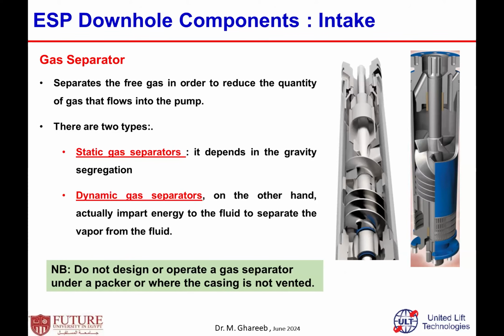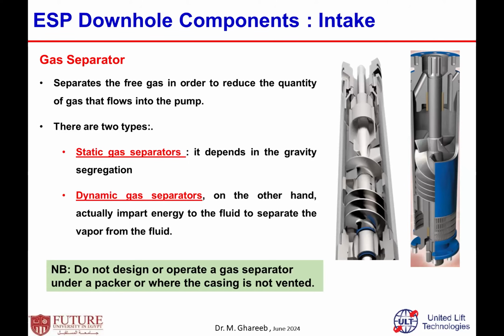Due to the difference in gravity between liquid and gas, they are separated by the centrifugal forces provided to this flow. So the gas separator separates the free gas, which we must separate before entering the pump.